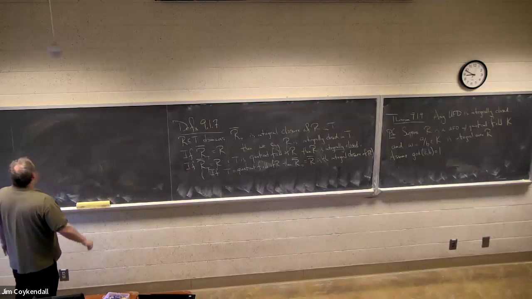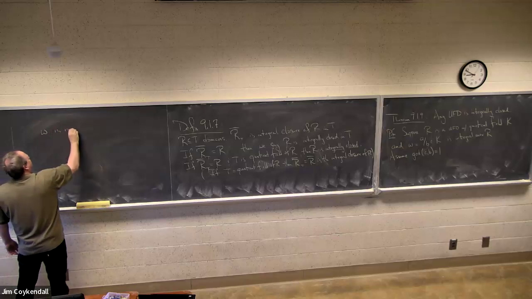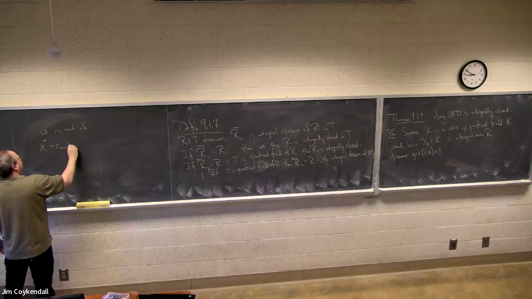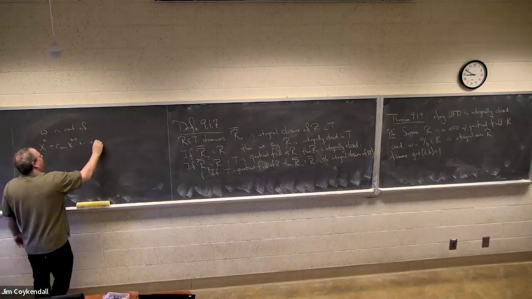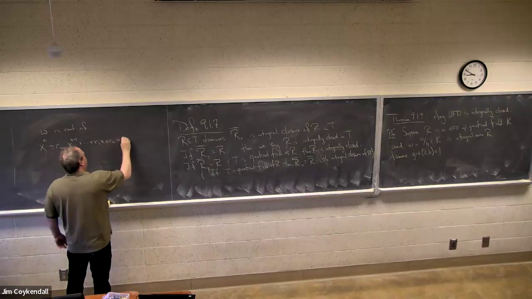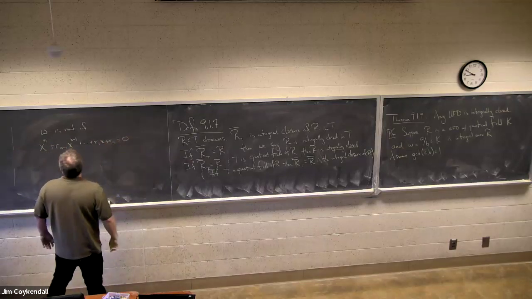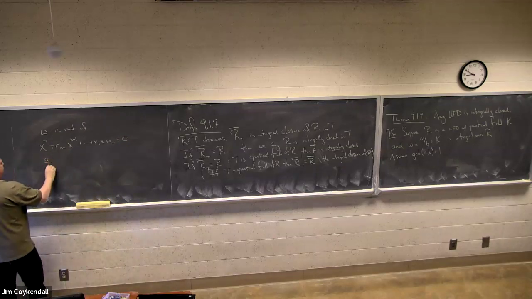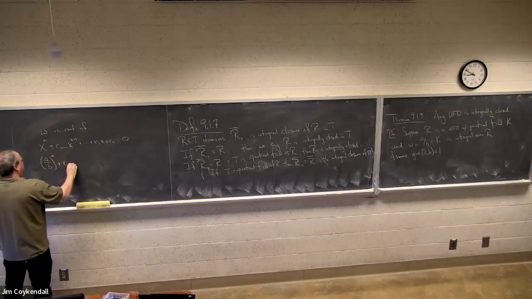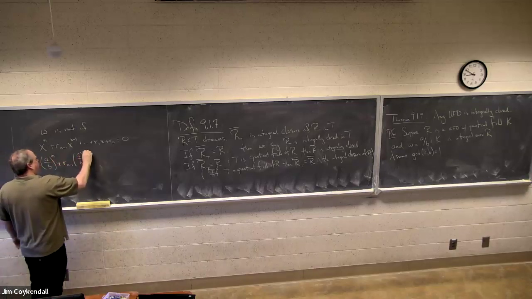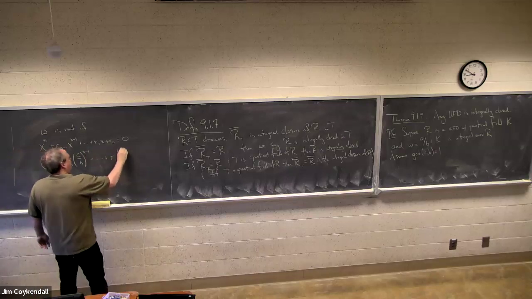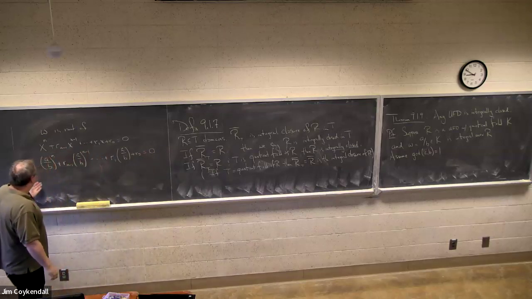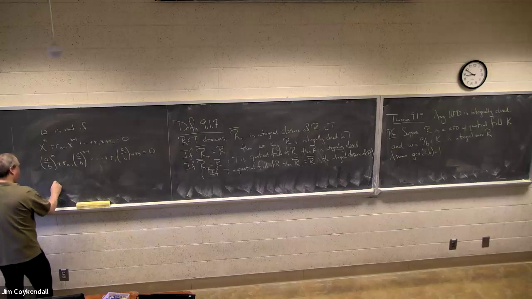So omega is a root of x to the n plus r sub n minus 1 x to the n minus 1, up to r1 x plus r0. Then multiply through and sweep that B to the n out.